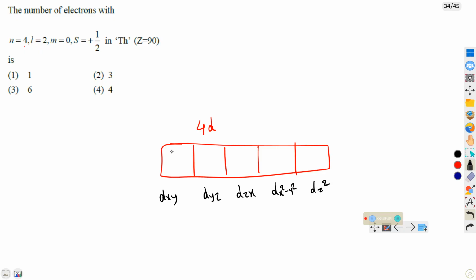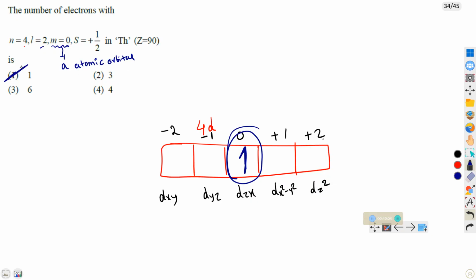Possible m values are -2, -1, 0, +1, +2. M value 0 you can consider. M value 0, s value plus half. How many electrons are possible? Only one electron. This specifically represents an atomic orbital. In an atomic orbital, only one clockwise electron is present.